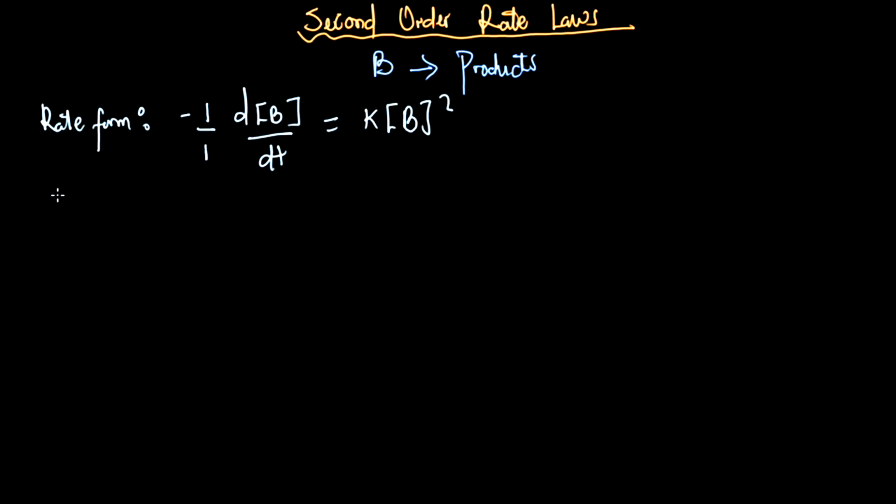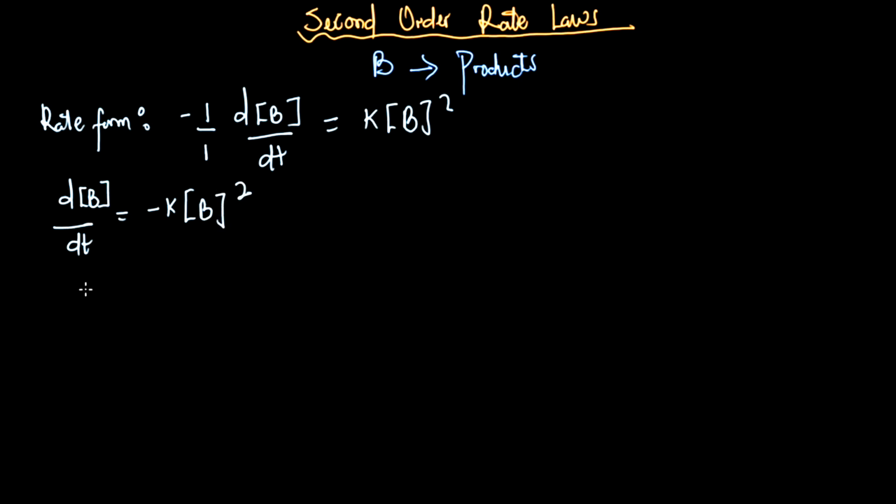So to derive the second order kinetics, the first thing we need to do is move the negative sign to the other side, so we have change in concentration of B over dt equals negative k[B]².